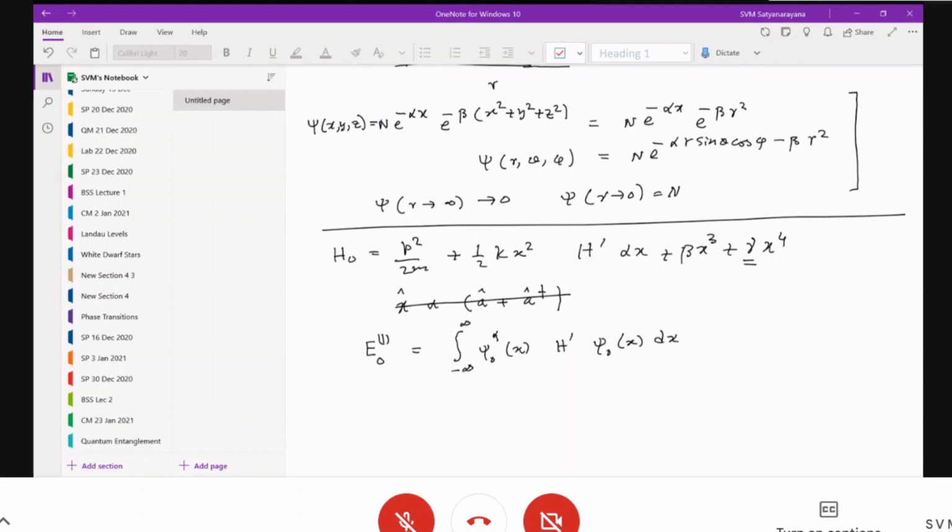Because first order correction is just the expectation value of the perturbation Hamiltonian with respect to the state, in this case the ground state.